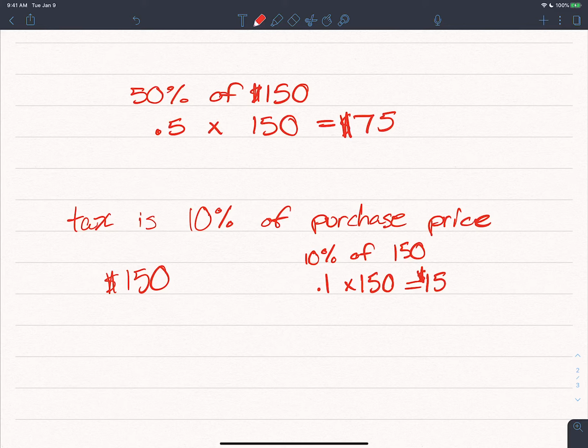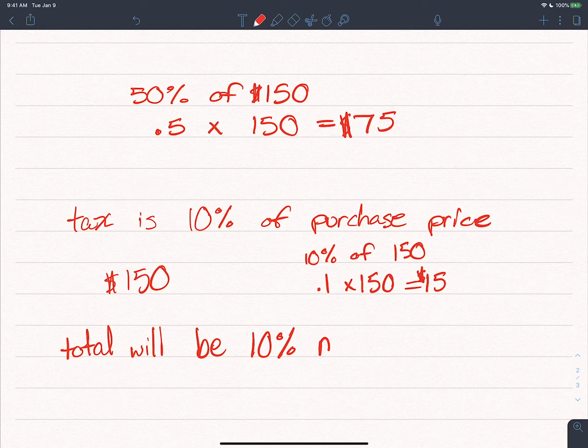So what do we need to do? We need to add, exactly. We need to take the tax and add it to the purchase price, right? Or in other words, we need to say that your total will be 10% more than the purchase price.